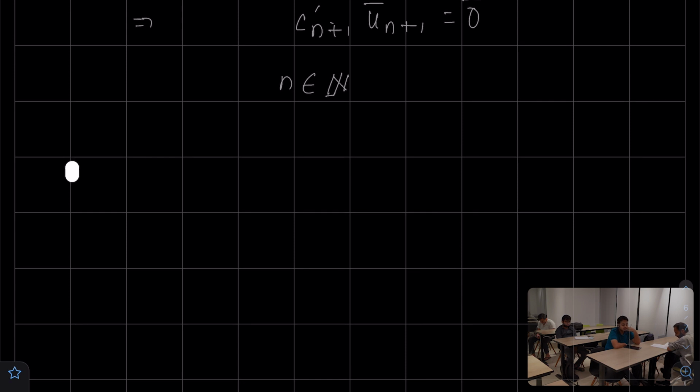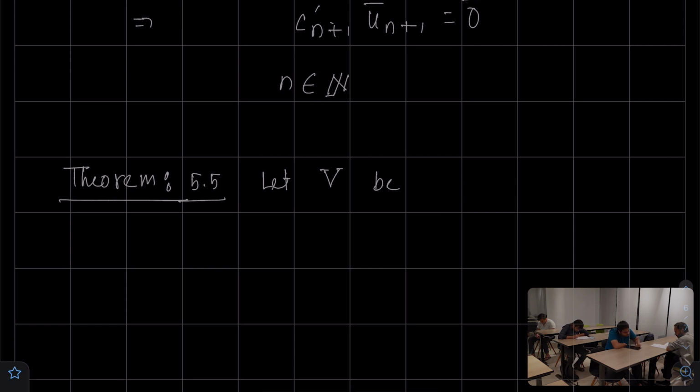Okay, so let me prove another theorem. This will be the last one. Let V be a vector space.